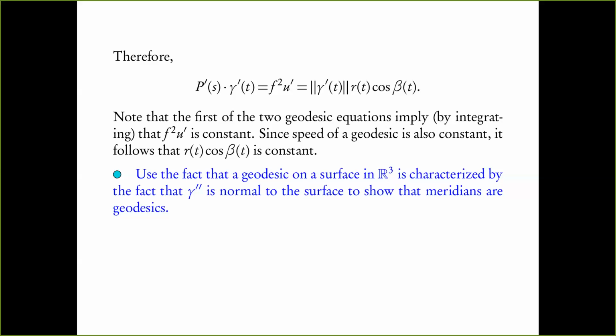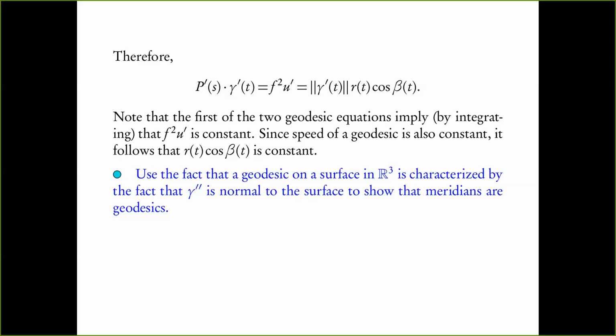A curve gamma is a geodesic if and only if the acceleration is normal to the surface, which means the acceleration vector is always perpendicular to the tangent plane of the surface at the point gamma t for all t.